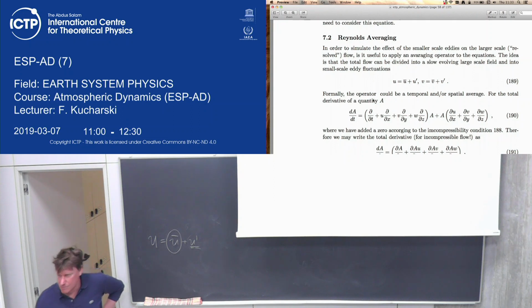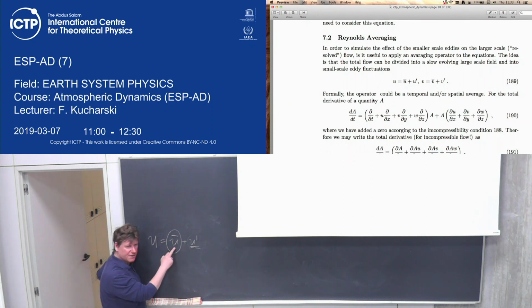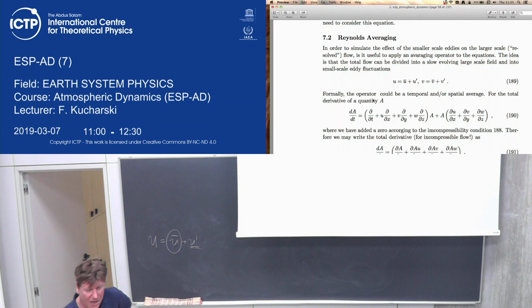Let's think about the numerical model. It's very clear that this is the case, because in the numerical model we have a spatial discretization and a time discretization. So in that case, this U bar would be defined by a spatial grid box, which has some delta x and a delta y, or delta z in our case, more relevant.